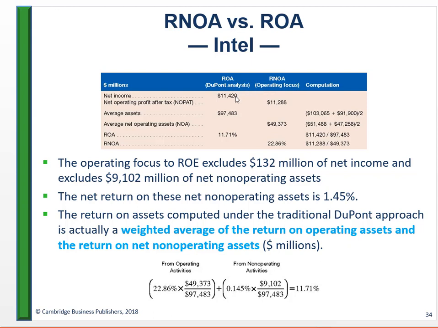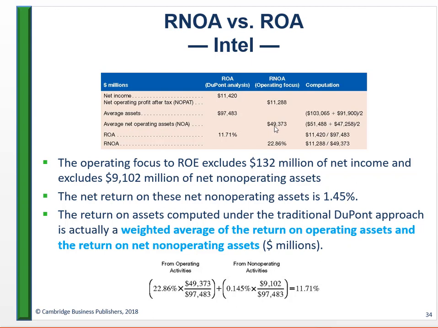We have basically the same net income number of 11.4 billion as we do a net operating profit after tax. Minor adjustment there for the non-operating portion of our tax expense. But where we get a significant deviation is between average assets of 97 billion for Intel versus average net operating assets of 49 billion for Intel.